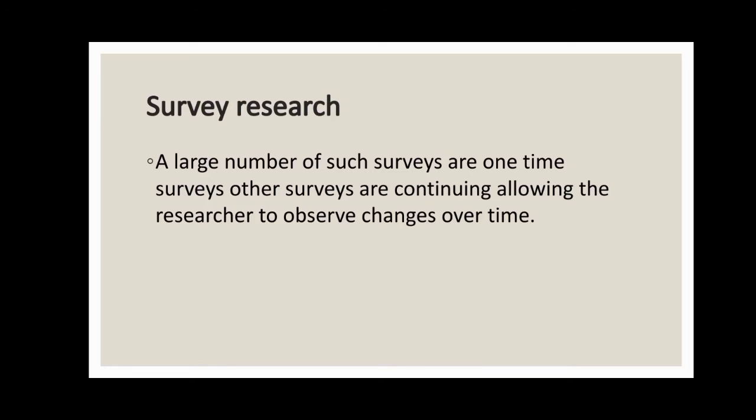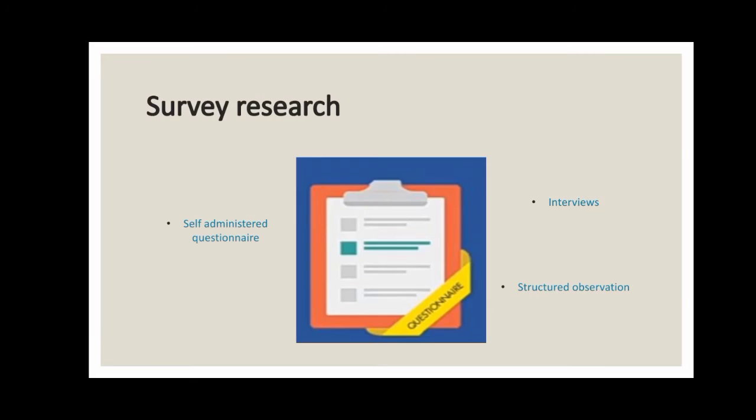Other surveys are continuing, allowing the researcher to observe changes over time. The questions in a survey instrument are typically arranged into a self-administered questionnaire that the respondents complete on their own, either on paper or by computer. Other survey instruments are interviews and structured observation.